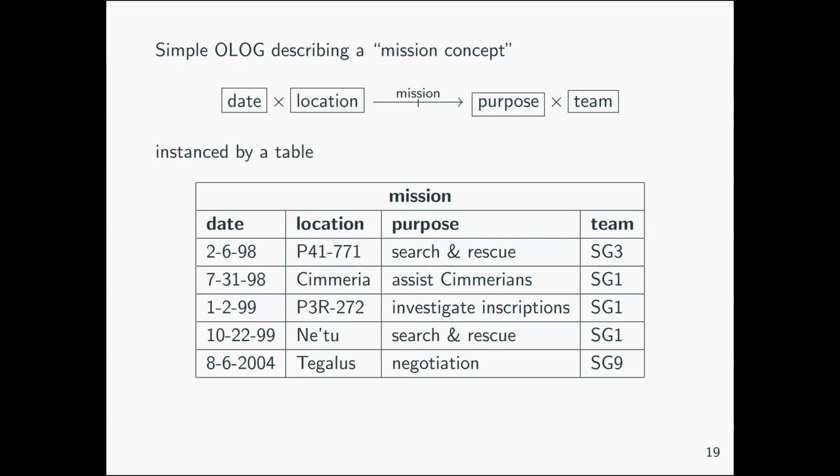There's a search and rescue operation here on Net2, also carried out by SG-1, etc. So let's say we've got this data table in our database, and let's say the purpose and location of the mission is irrelevant to us for whatever reason, and we just want to know when more our team's offworld. Well, we can do that.